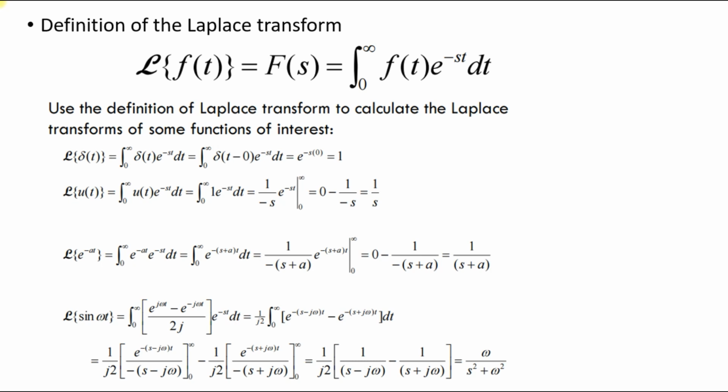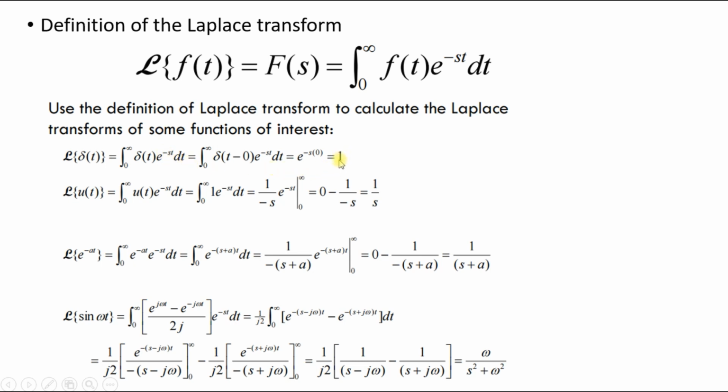From the above formula, the Laplace transforms of some important functions are given below. The Laplace transform of delta of t, which is nothing but the impulse waveform, is the integral from 0 to infinity of delta of t into e power minus st into dt, which is equal to 1.